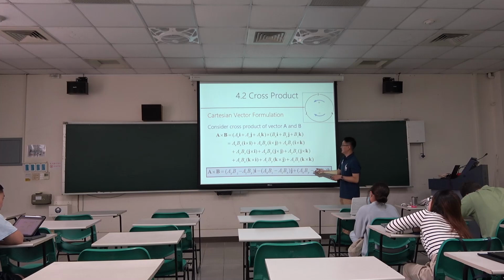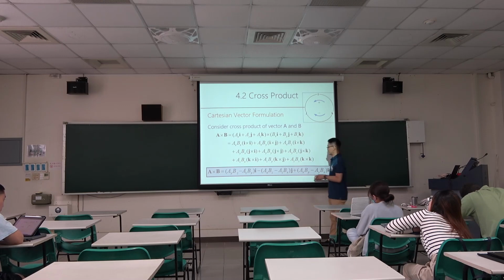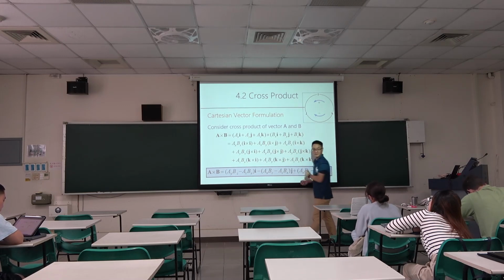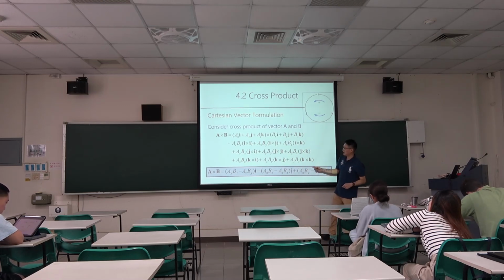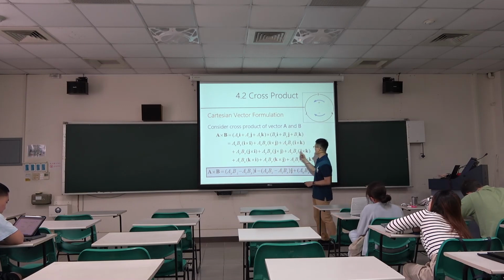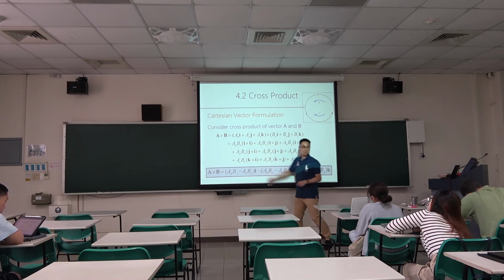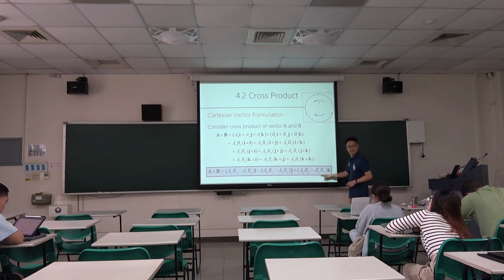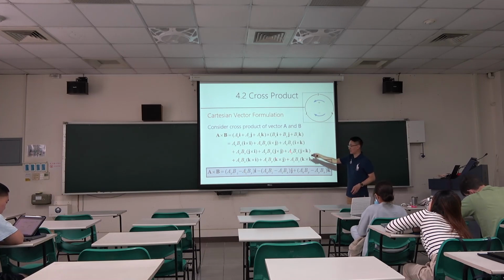Okay, then for the K direction, it comes from I and J. I cross J is positive, so that means J cross I is negative. So with this complicated calculation, we rearrange.